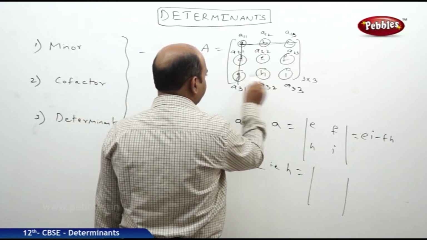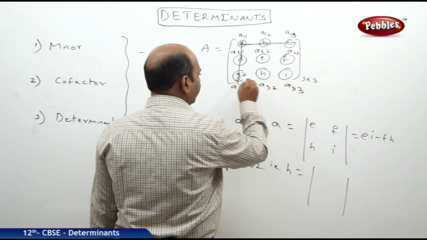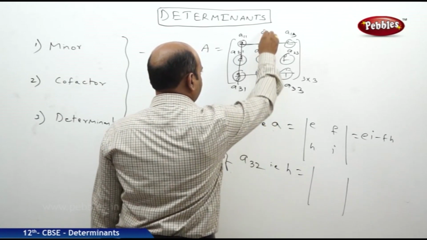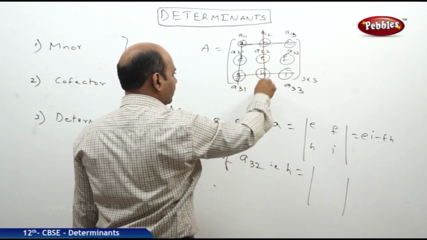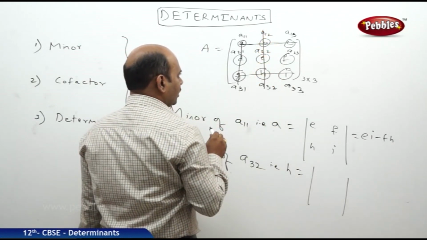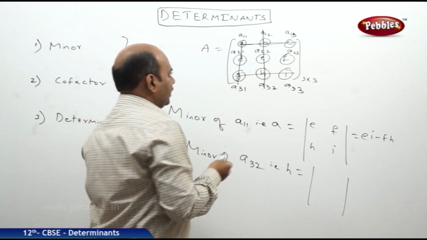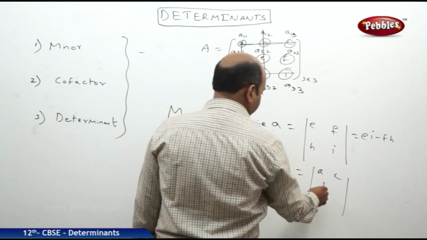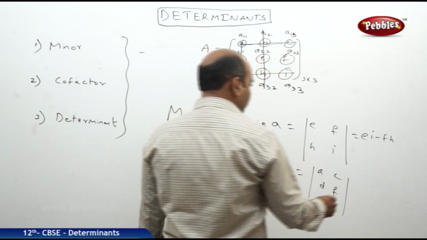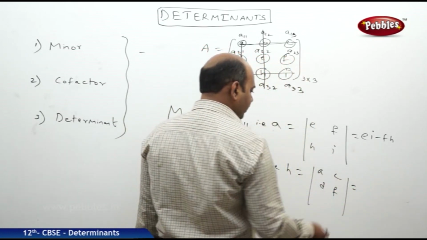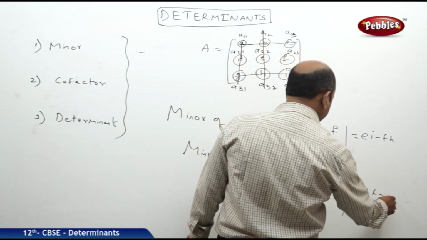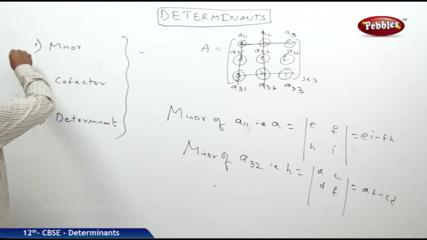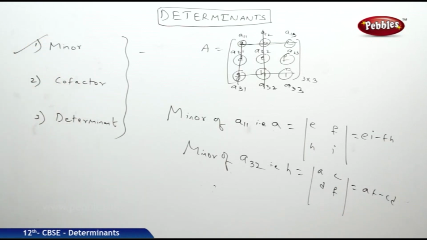I need to delete the corresponding row associated with this h and the corresponding column associated with this h. So here the elements remaining for us are a, c and d, f. Now I need to find its value. This is af minus cd. I think you are clear with the minor definition.